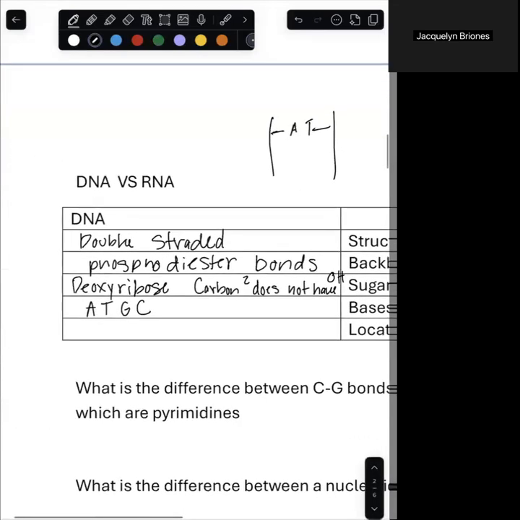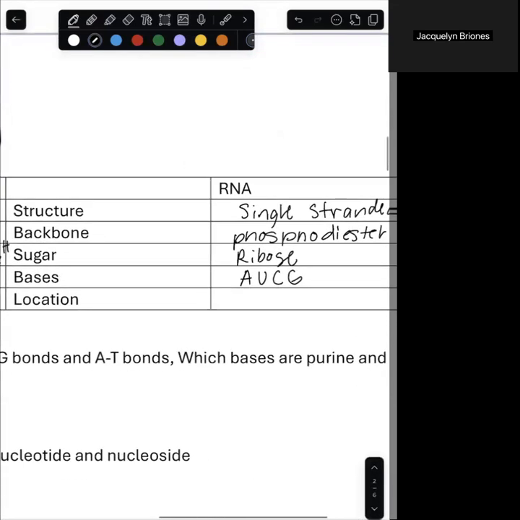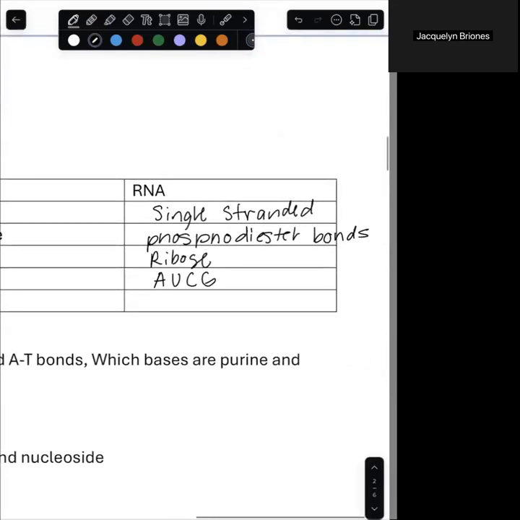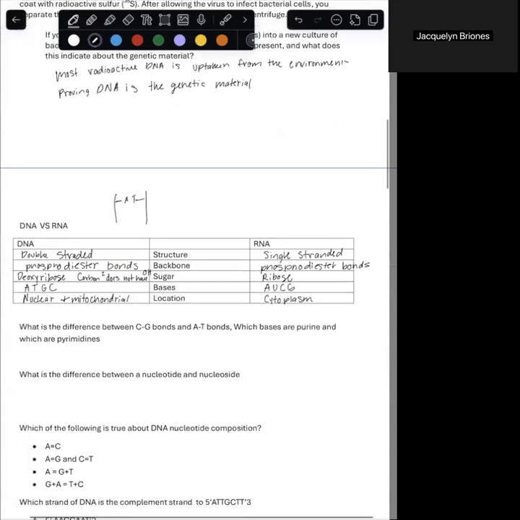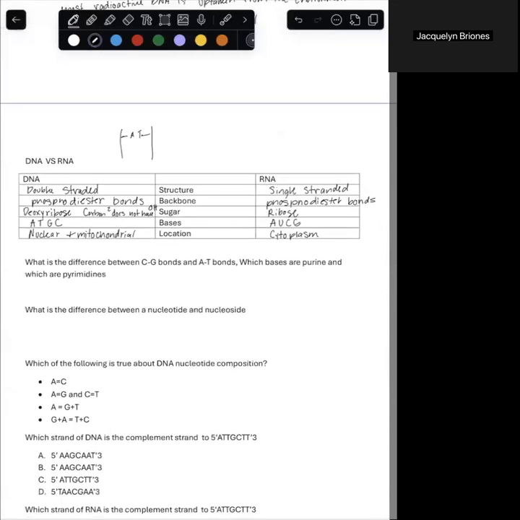And we have nuclear DNA and mitochondrial DNA, and RNA is located in the cytoplasm. Okay. Also really important, what's the difference between CG bonds and AT bonds? Which bases are purines and which are pyrimidines?